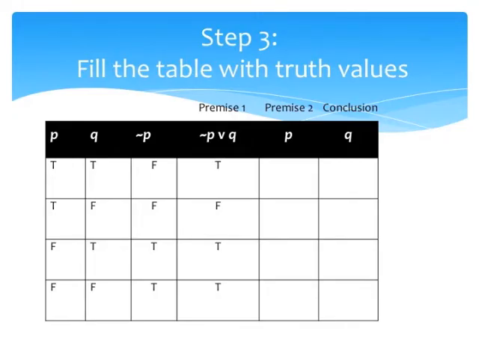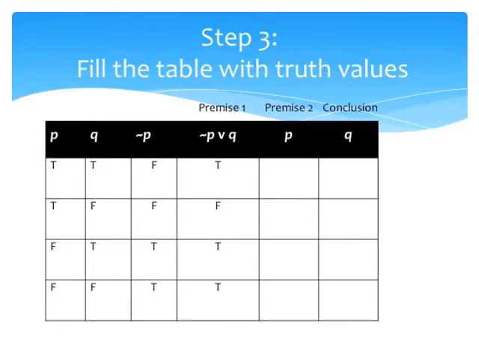The next step is to fill the column for not P or Q. Here, the only columns that are going to be relevant are the second and the third, because those are the columns that correspond to the components of not P or Q. So just pay attention to the column corresponding to Q and that of not P. Since not P or Q is a disjunction, we know that this sentence is going to be true whenever at least one of the disjuncts is true.